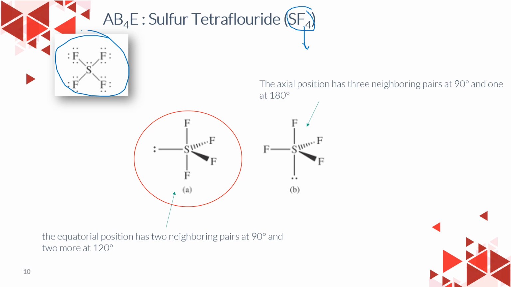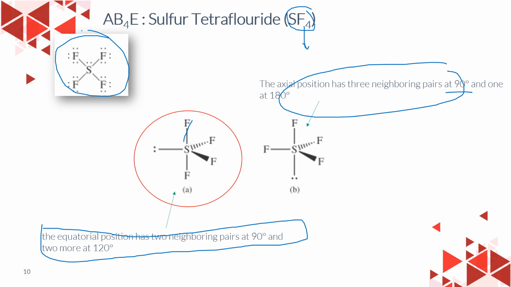The preferred arrangement will have less difference in the angles of every bond pair, because in one you can see the difference is very far, 90 to 180, while in the other it is only 90 to 120, so this arrangement is more favored by SF4.